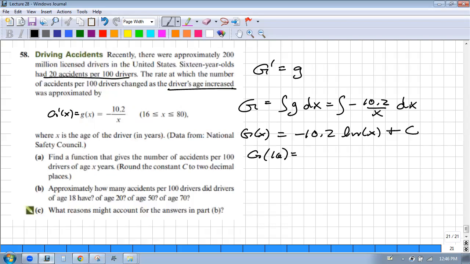So if we looked at G prime of 16, this would be negative 10.2 over 16. That would be the rate of change of accidents from ages 16 to 17. And with that rate of change, we should get a piece of information here.